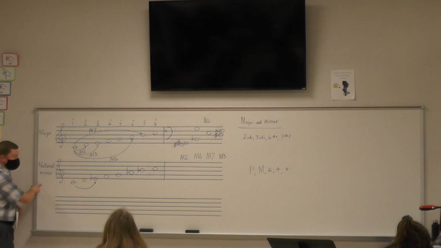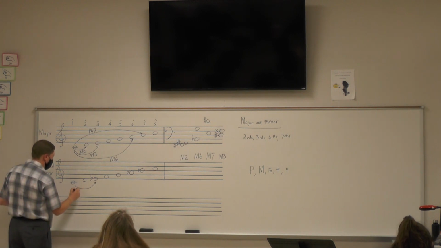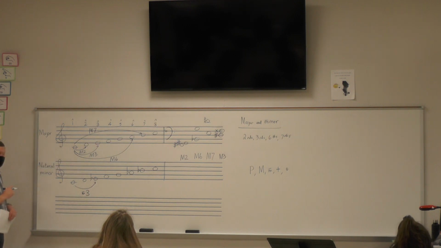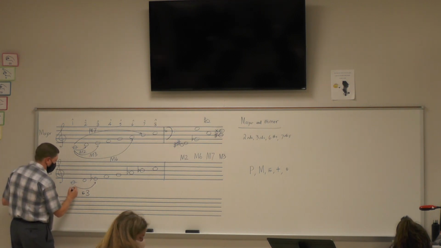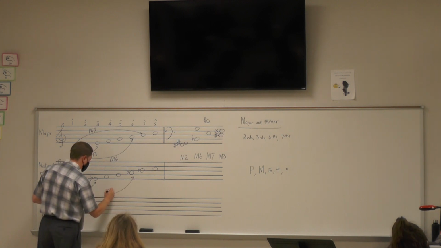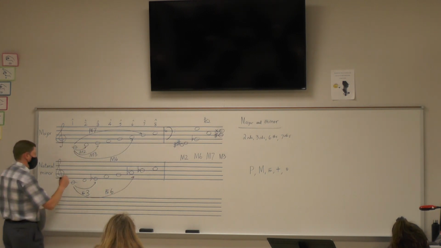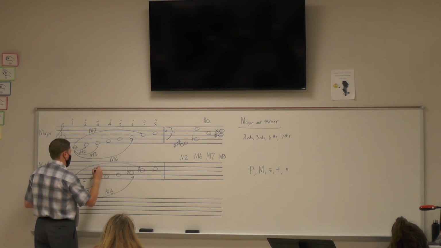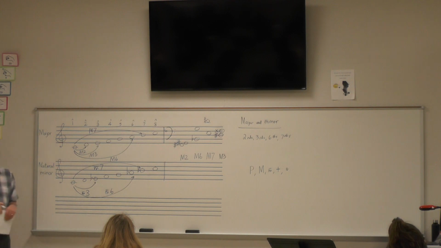So here's my natural minor scale. The distance between scale degrees 1 and 3 is a minor third. The distance between scale degrees 1 and 6 is called a minor sixth. And the distance between 1 and scale degree 7 is known as a minor seventh.